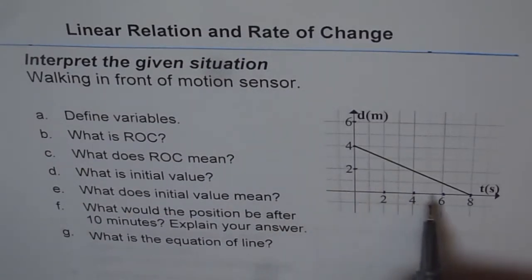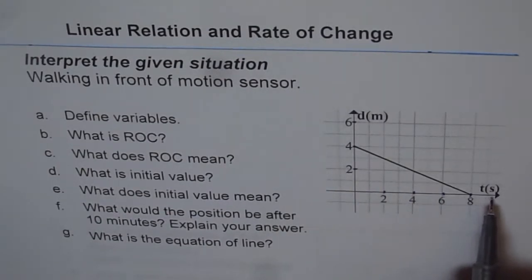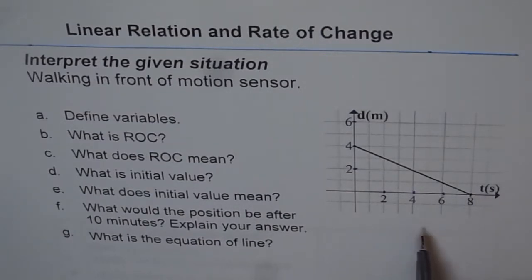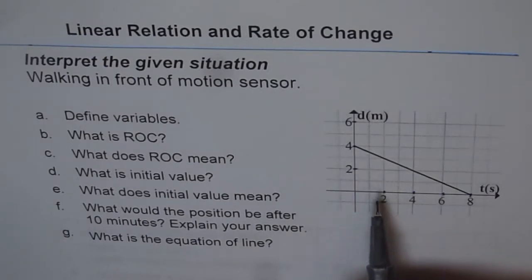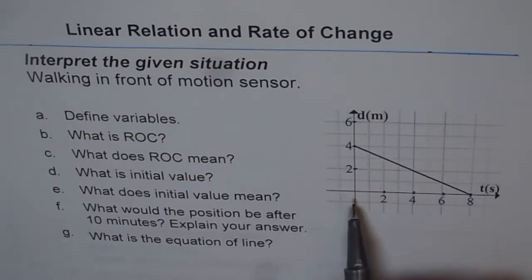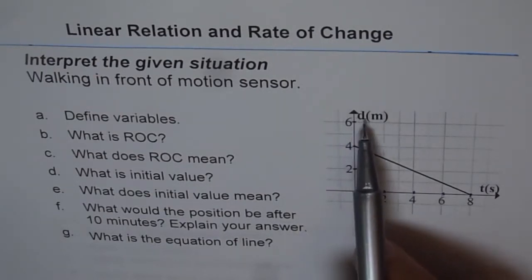So the horizontal x-axis will represent the independent variable, and in this case it is time in seconds. So always associate units with your variable. And the dependent variable in this case is represented along the vertical axis as it should be, and it is distance in meters.